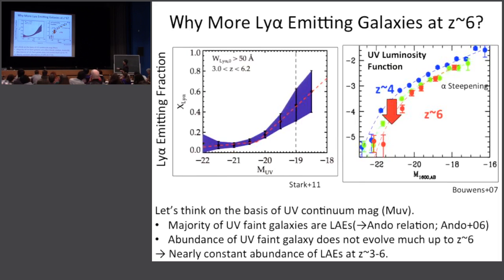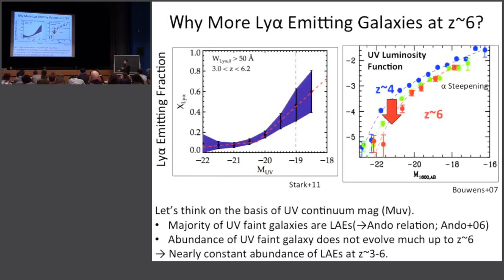There is an increasing trend for the fainter population having more chance of Lyman-alpha emission. In other words, about a half of the faint, minus 19 magnitude, sources have Lyman-alpha emission.